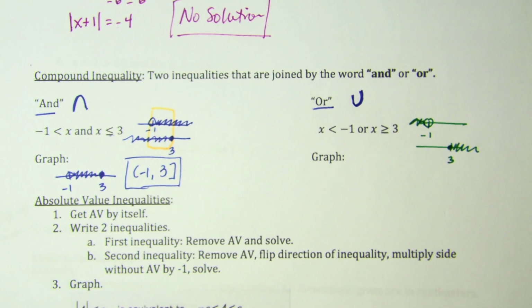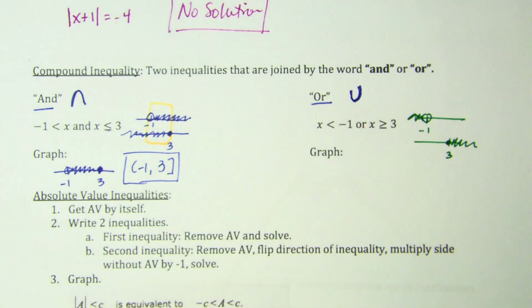Now, these graphs are not corresponding to the words and or. So it's saying we want either one of these to be true. They don't both have to be true.